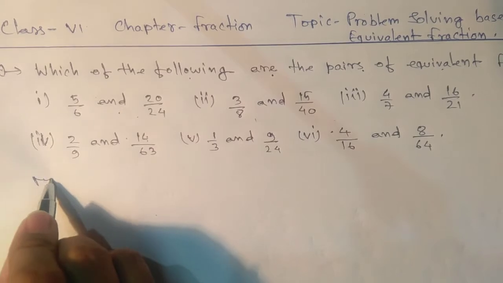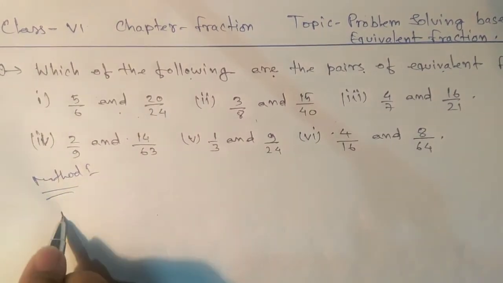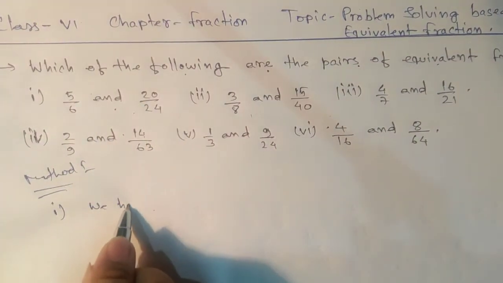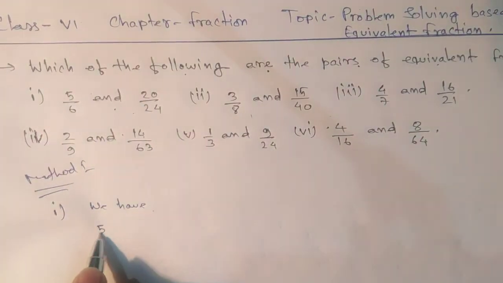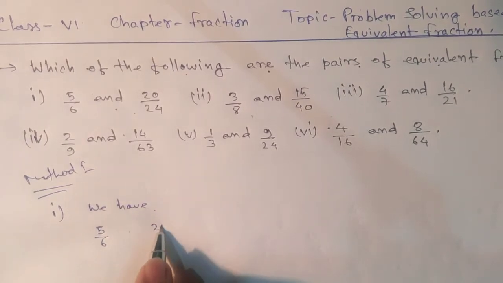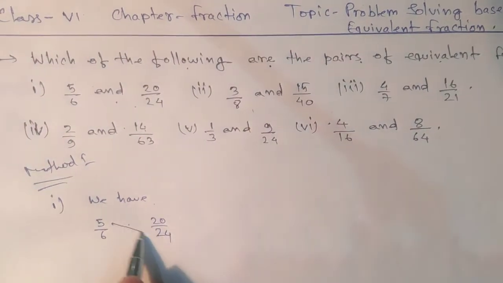Method 1. So number 1, we have 5 by 6 and 20 by 24. Okay, cross multiply it.